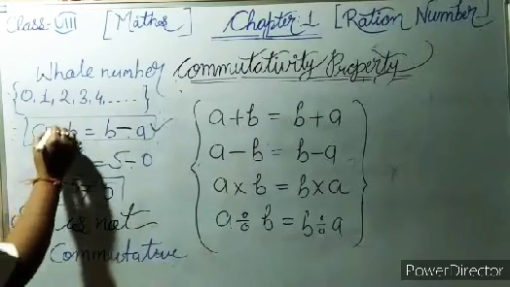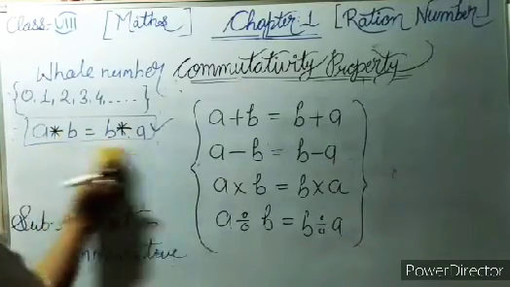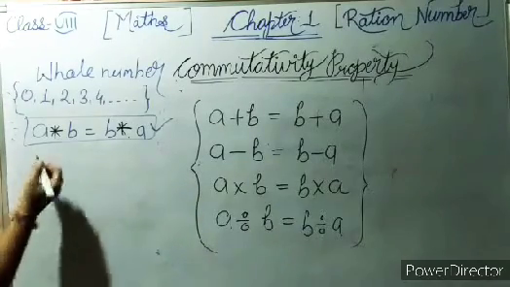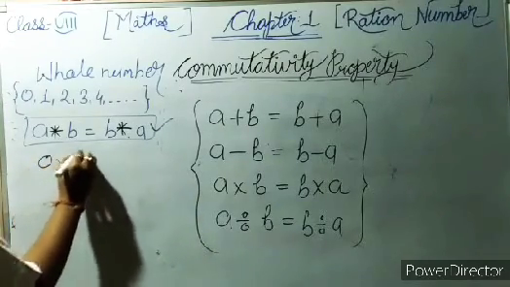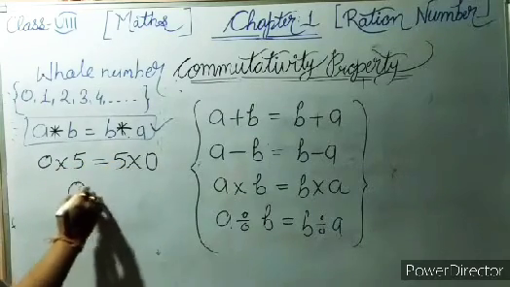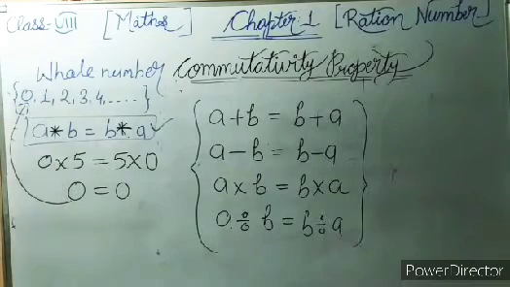Okay. Same thing if we follow for multiplication. If we multiply both numbers, 0 is equal to 0. And you see 0 is our whole number.